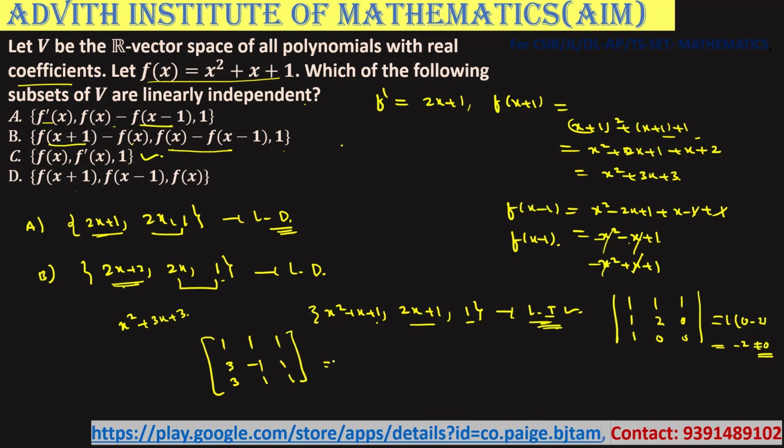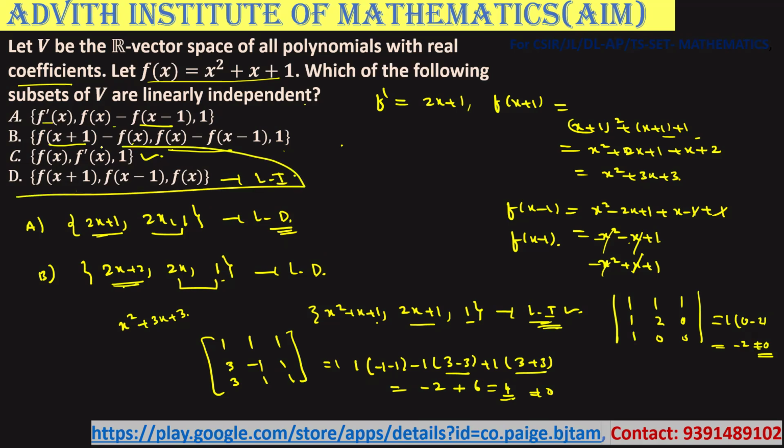Find out the determinant of this. 1 into minus 1 minus 1, minus 1 into 3 minus 3, and plus 1 into 3 plus 3. Which is equal to minus 2, this is 0, this is 6, and which is equal to 4. So that is not equal to 0. So option D is also linearly independent. So options C and D are the correct ones.